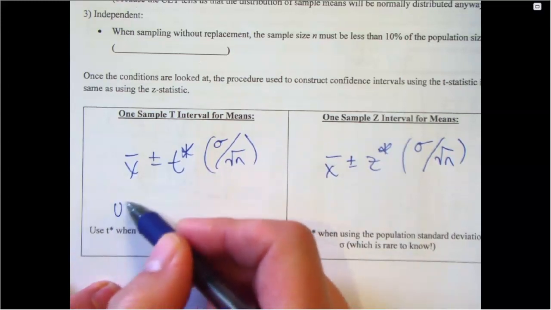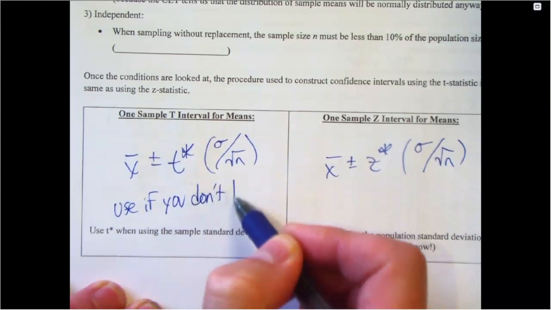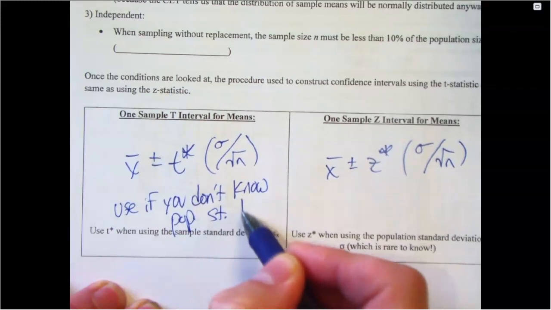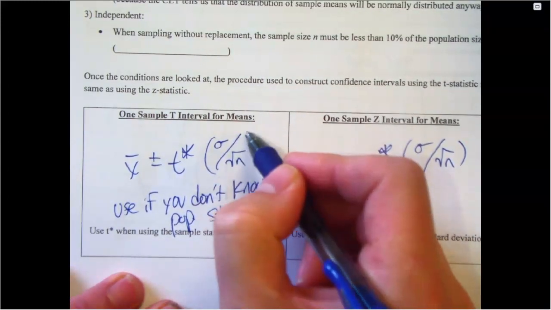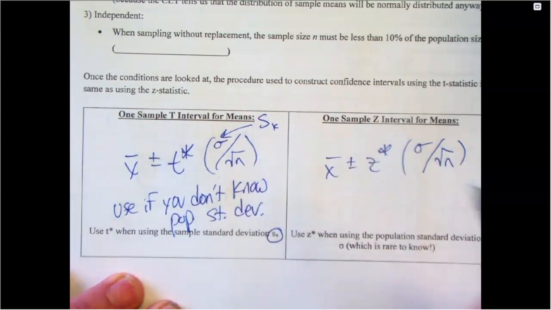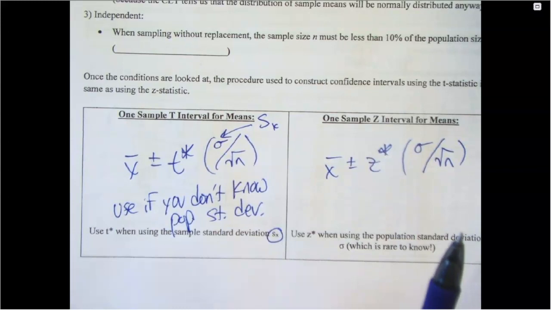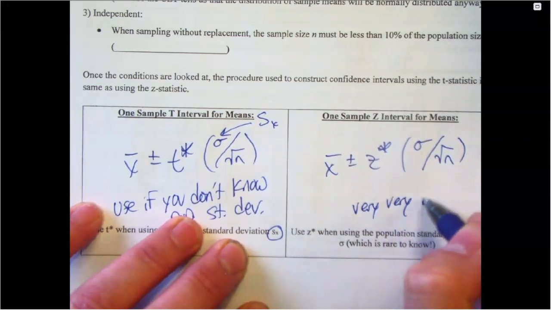We use this if you don't know the population standard deviation. They put S of X there, so that's kind of interchangeable. That means the standard deviation of the sample. So you will very, very rarely use the z interval.